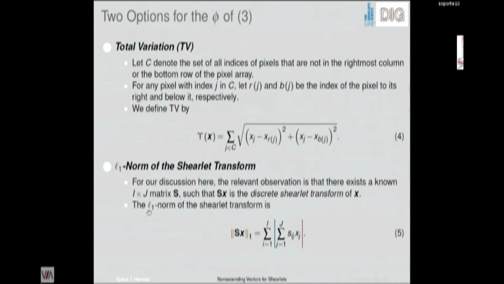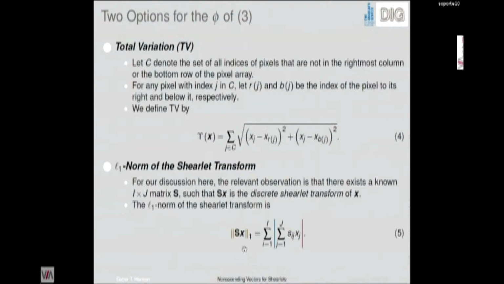And then the L1 norm of the Shearlets transform is, of course, you take the one norm of each of the Shearlet coefficients. So Sx is an I-dimensional vector.